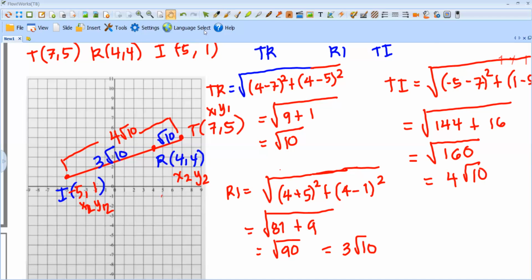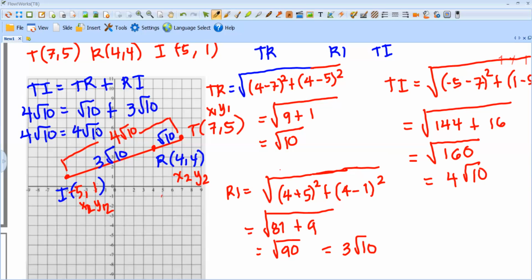So we can say that TI, as the full line, should be the sum of TR and RI. Since TI is 4 square root of 10, and TR is the square root of 10 plus RI, which is 3 square root of 10, if you add these, they are equal.